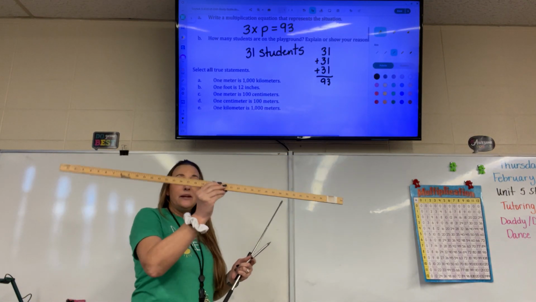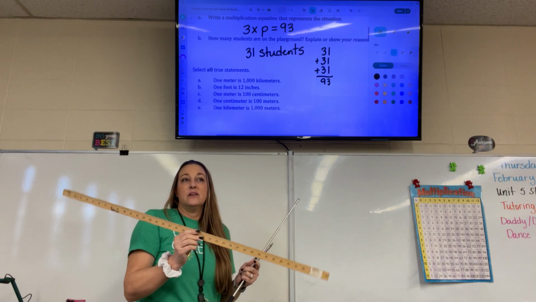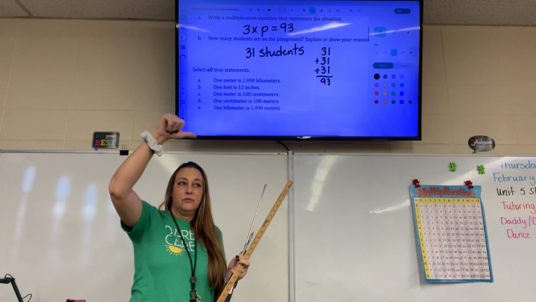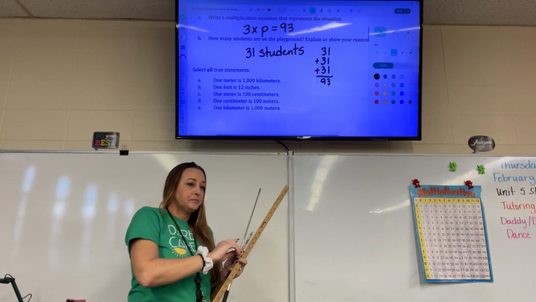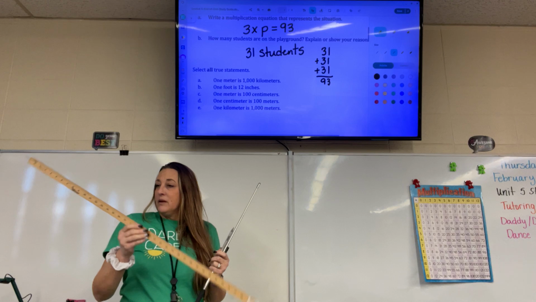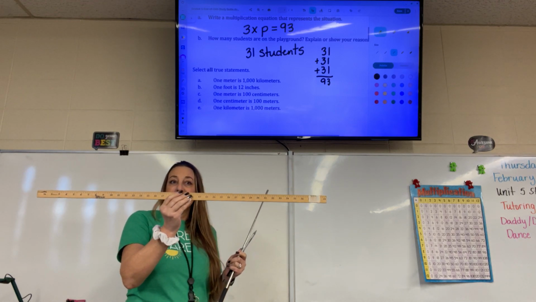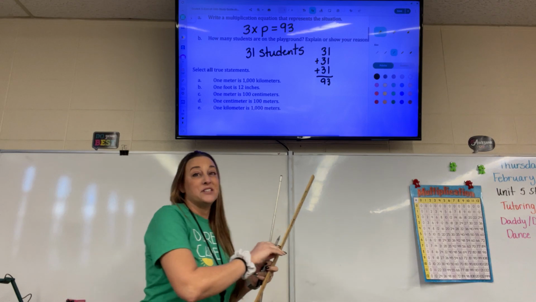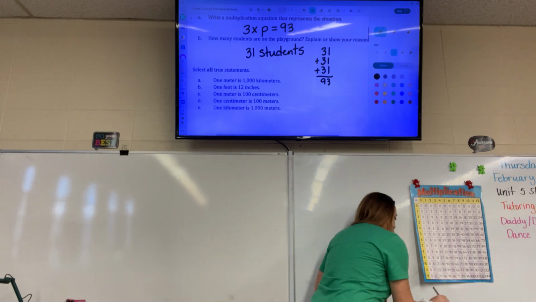So 1 meter equals 1,000 kilometers. True or false? False. One of these doesn't equal 1,000 miles, right? Or 1,000 kilometers. So this one is false.